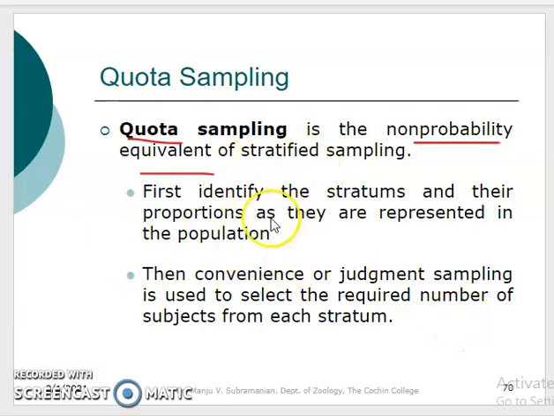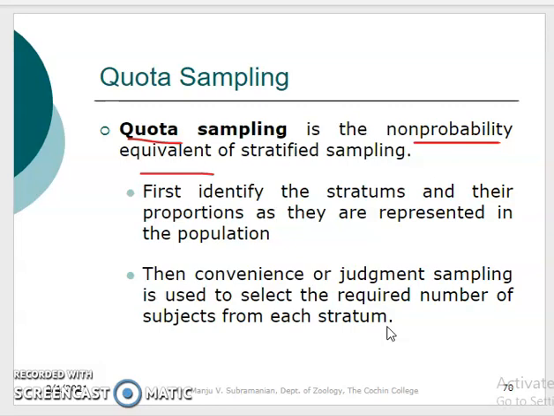Quota sampling also uses the convenience of the investigator, through judgment or convenience sampling, and for that reason it is not that suitable.